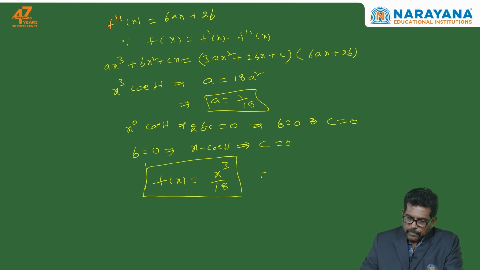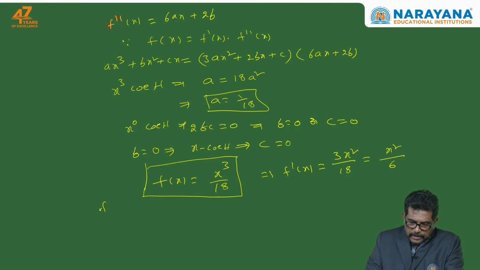Now from this we get f dash of x is equal to 3x square by 18, that is x square by 6. And f double dash of x is equal to 2x by 6, which is x by 3.